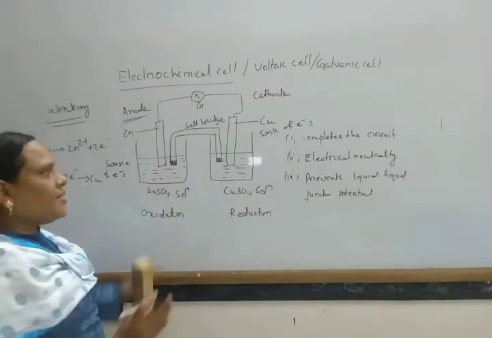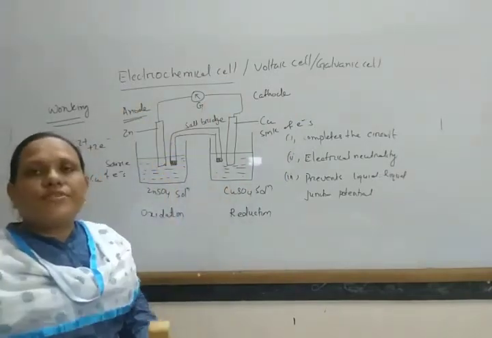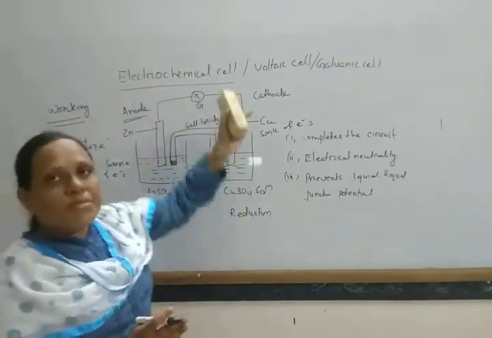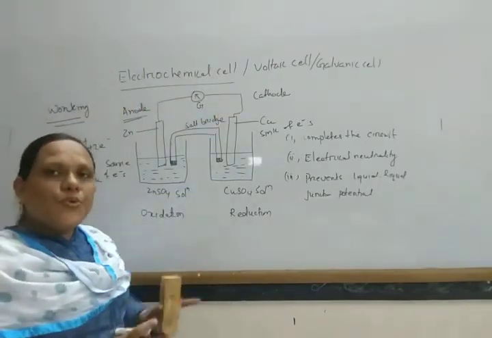In general, this electrochemical cell consists of 2 half cells.